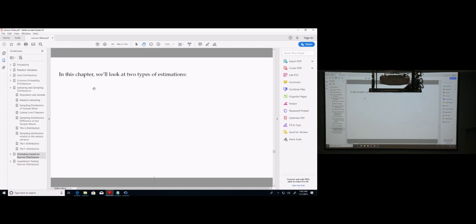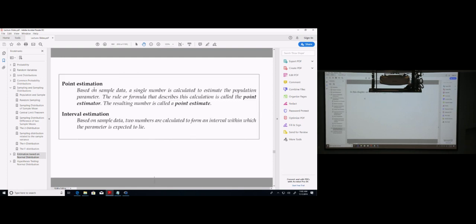Okay, in this talk we'll look at two types of estimation. One is called point estimation, and the other is called interval estimation. Based on sample data, a single number that you calculate based on the estimator, based on the formula, is called a point estimate.